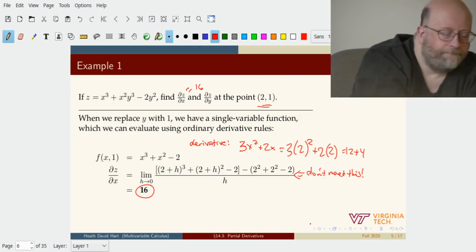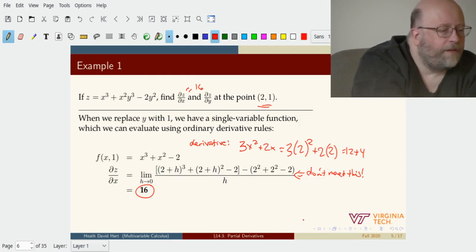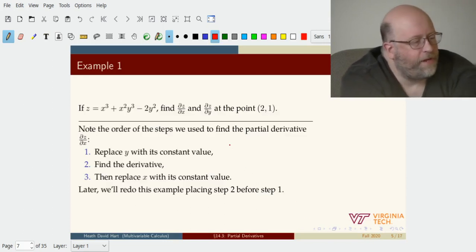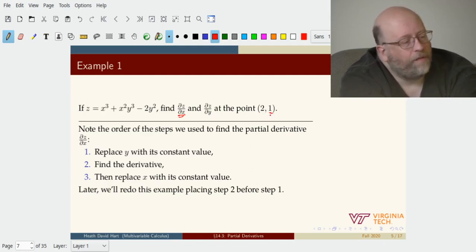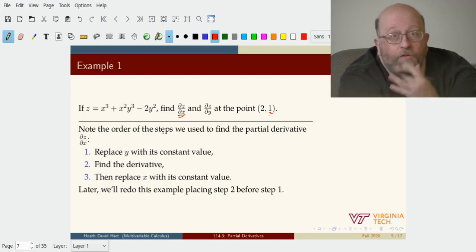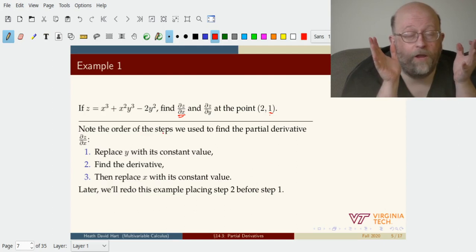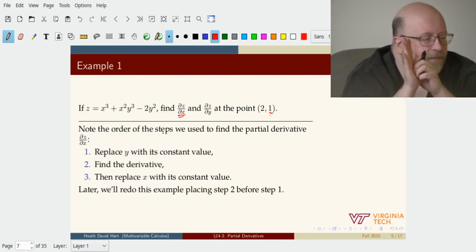All right? So then let's keep going and find the other slope. Before we do that, let's remind ourselves what we did here. Since we're working only in the x direction and the y doesn't matter, we just replace y with a constant. That turned us from a 2-variable equation to a 1-variable equation.